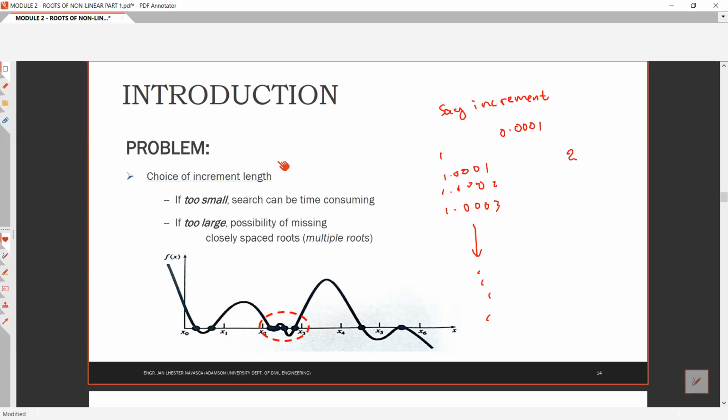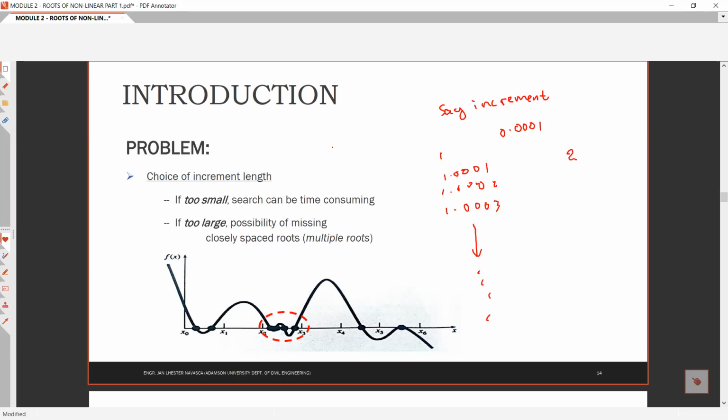Okay? Also, if too large, okay, possibility of missing closely spaced out multiple roots. So yung too large naman, kapag sobrang laki naman ng increment mo, hindi mo mahanap yung roots. Okay? What if yung root pala is 2.00 something? 2.0005, let's say 2.05. Tapos yung step mo lang is 1. Okay?